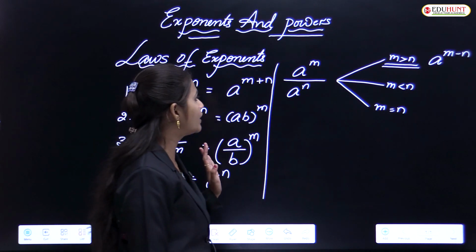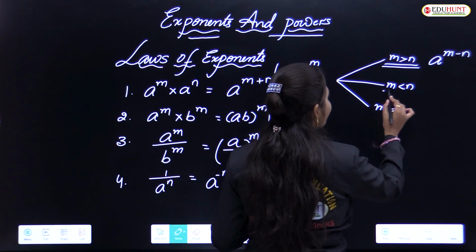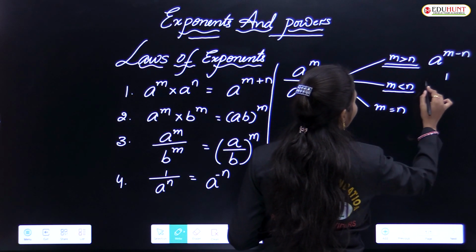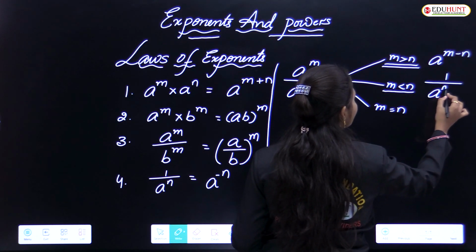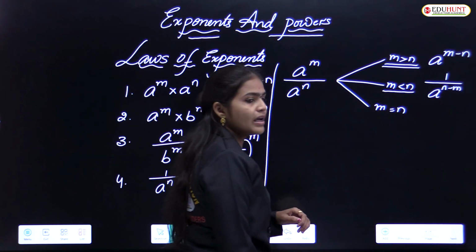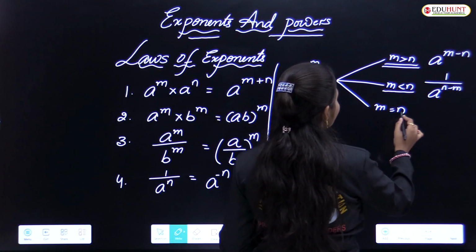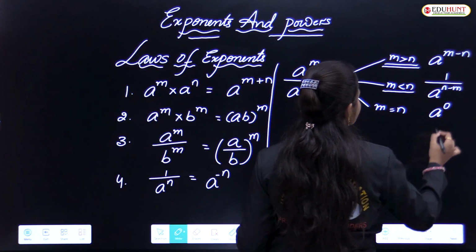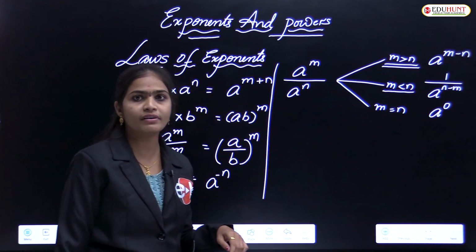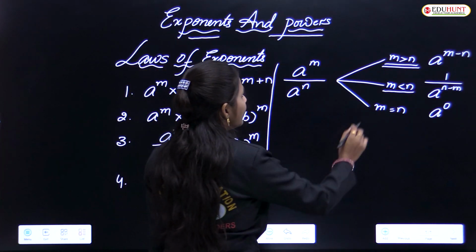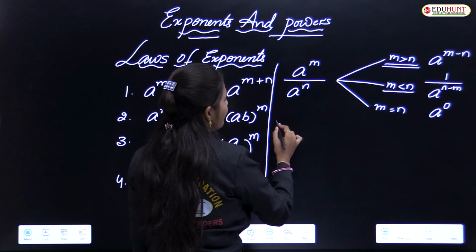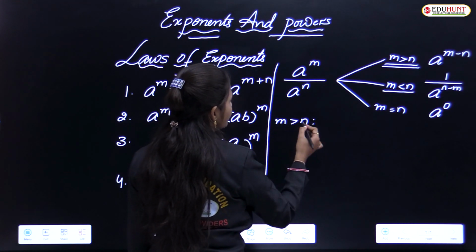I will show you the proof. Next, if m is less than n, then the formula is 1 by a power n minus m. And if m is equal to n, then we get a power 0.